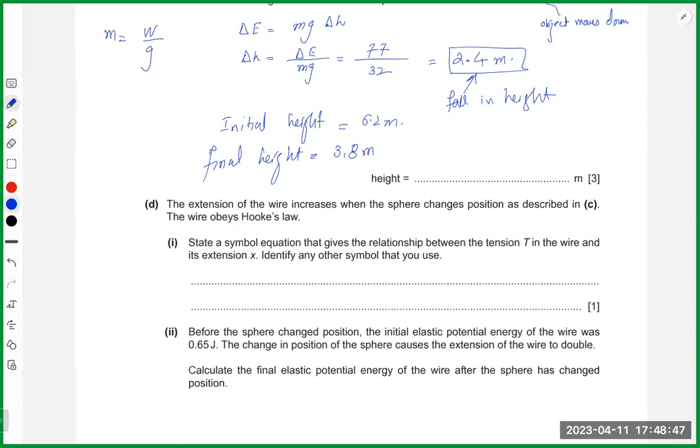Now, in the next question, the extension of the wire increases when the sphere changes position as described, and the wire obeys Hooke's law. State a simple equation that gives the relationship between the tension T in the wire and the extension x. Identify any other symbols that you have used. So what are the formulas that connect over here?